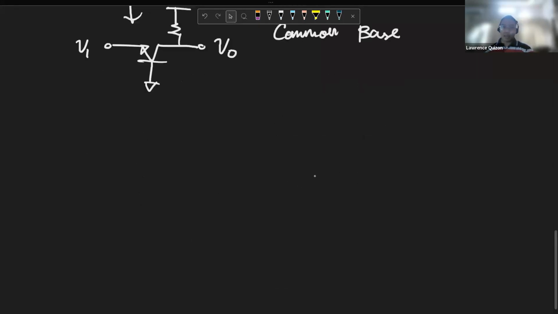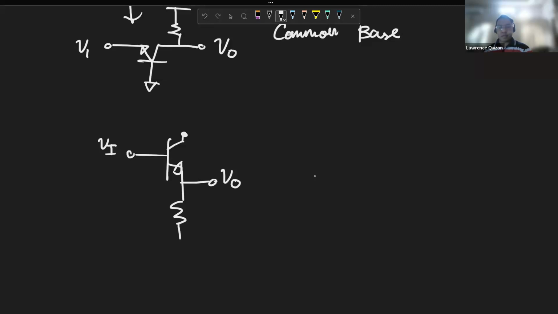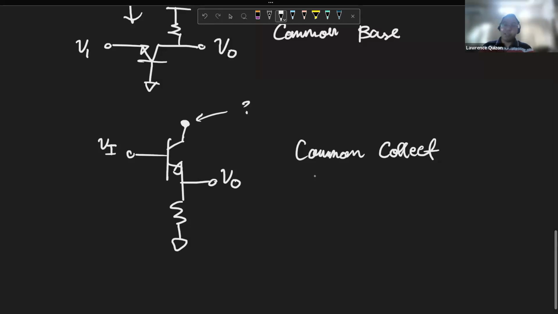Next is common collector. So you have V in, you have V out. And I would ask you why this is called common collector, and I'd ask if you'd bet your life on it, and that would be dangerous, because this is not at ground.